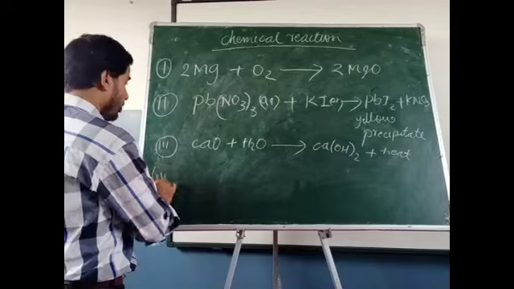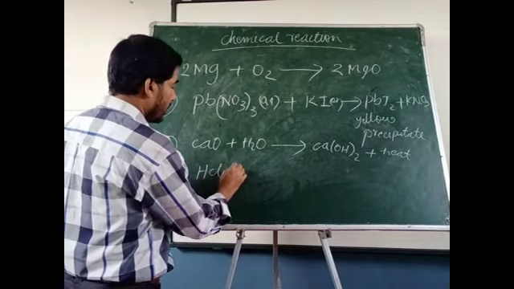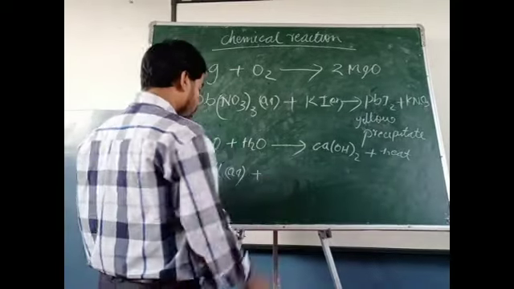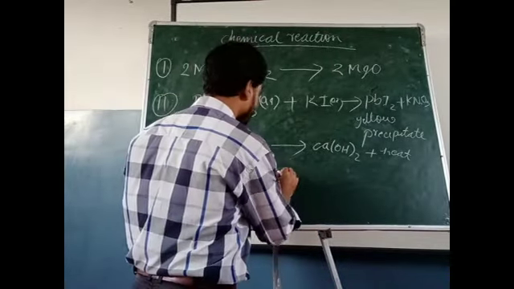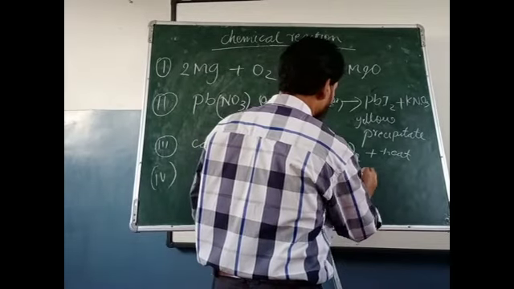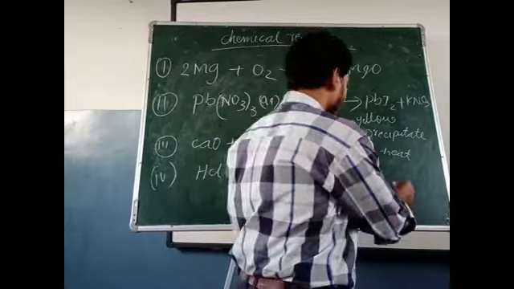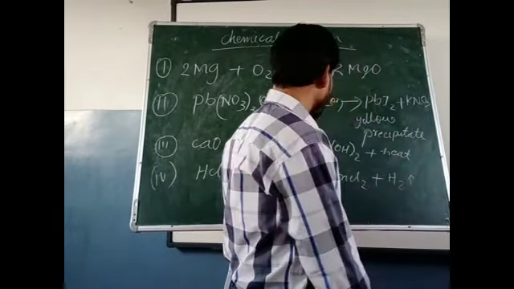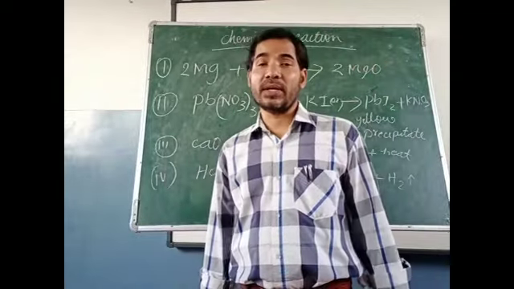Suppose that we have taken hydrochloric acid, which will be present in the form of aqueous solution, and when we put some zinc granules in it, then here zinc chloride will be formed, and besides it evolution of hydrogen gas will take place. Since here evolution of gas takes place, it is also an example of chemical reaction.